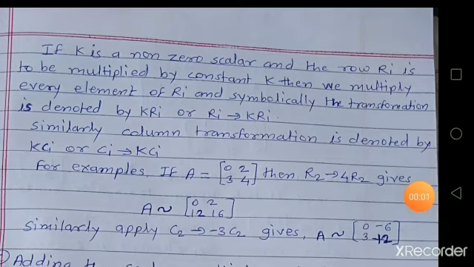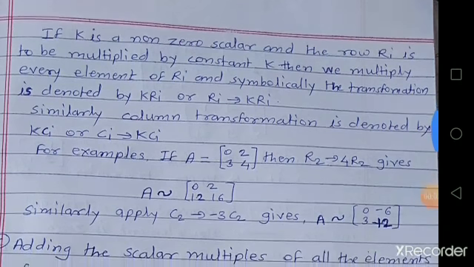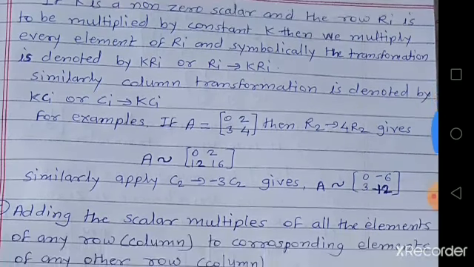If k is a non-zero scalar and the row Ri is to be multiplied by constant k, then we multiply every element of Ri, and symbolically the transformation is denoted by kRi, or Ri implies kRi.